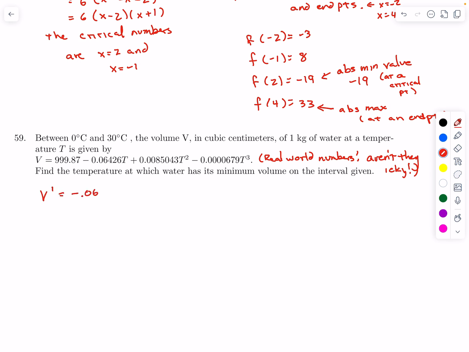Good thing I did this in advance. So how do you find when this equals 0?